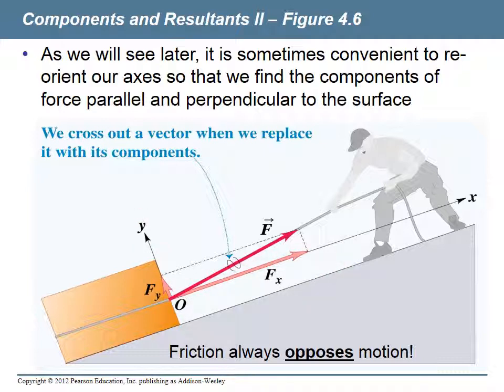If you remember back, we defined the normal force to be perpendicular to the surface it's sitting on, right? So the y component is the normal direction, perpendicular. And then friction always opposes motion. Friction is always parallel. So this would be the direction in which I have my frictional force, along the parallel component.